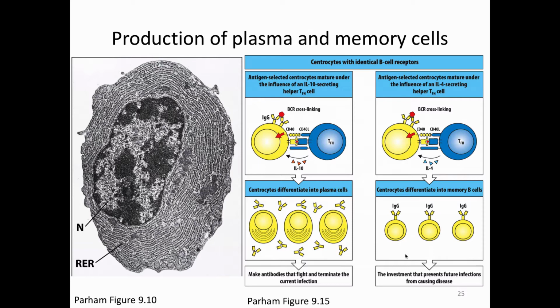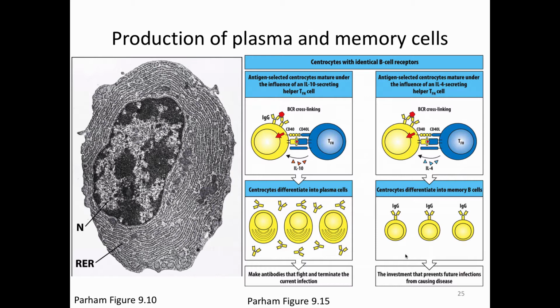However, some of the B cells coming out of the germinal center reaction are instead going to differentiate into cells called memory cells. These cells are specialized to live an incredibly long time. We're going to have a whole day where we talk specifically about immune memory. But some of these cells are going to live for a long time to help you fight that infection should it come around again.